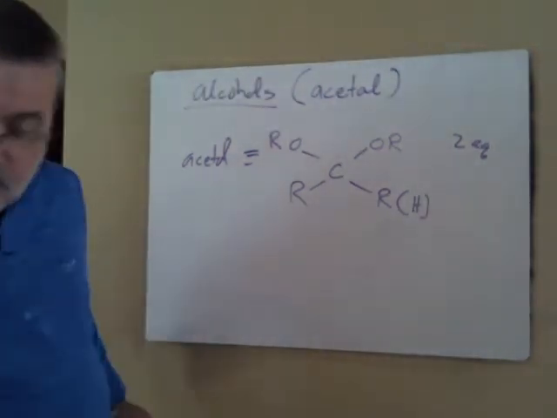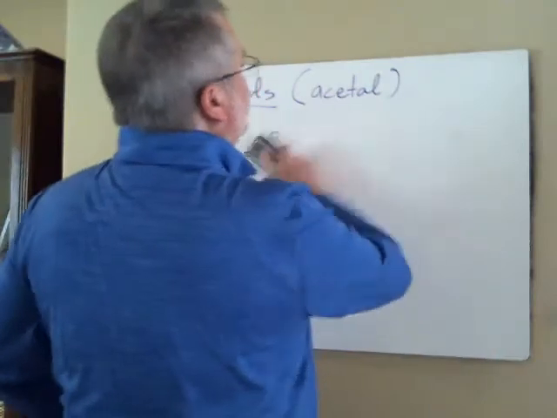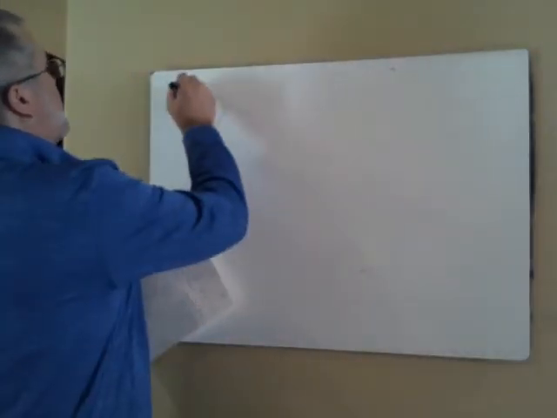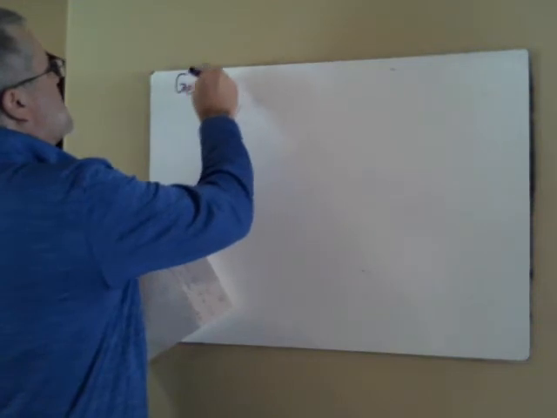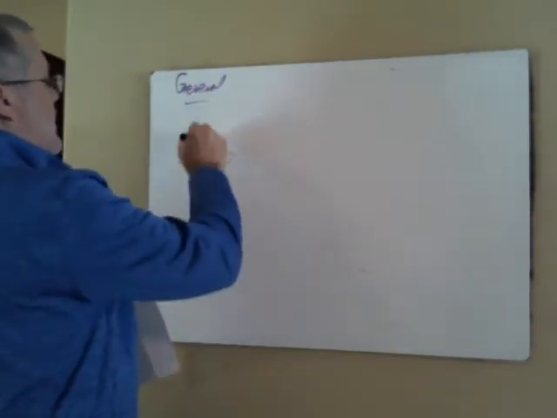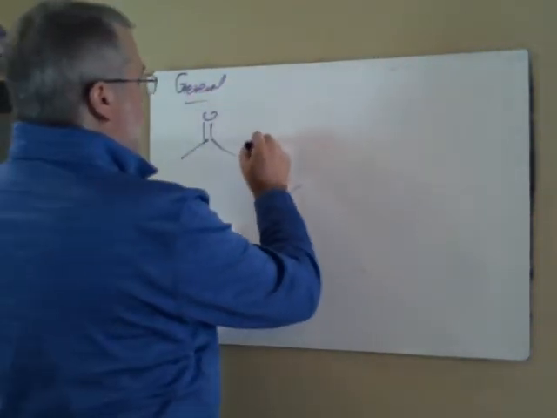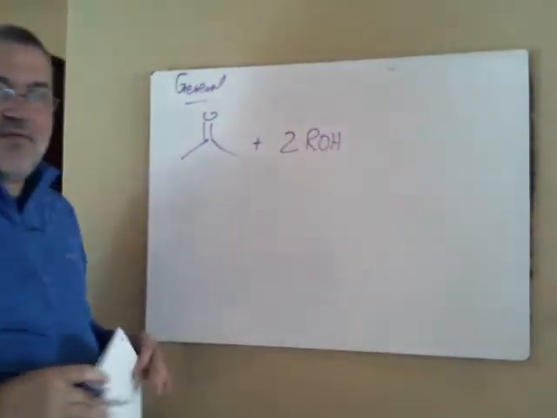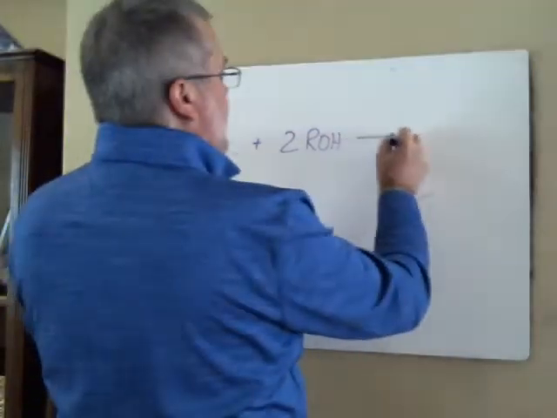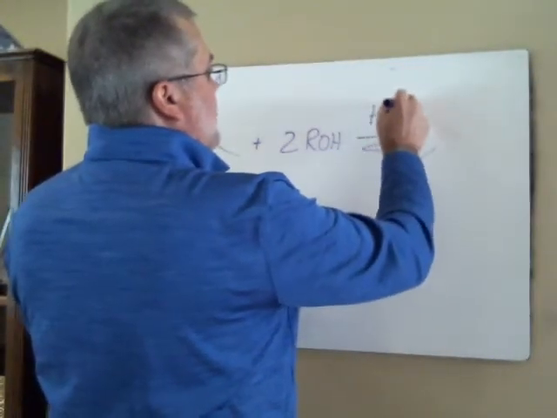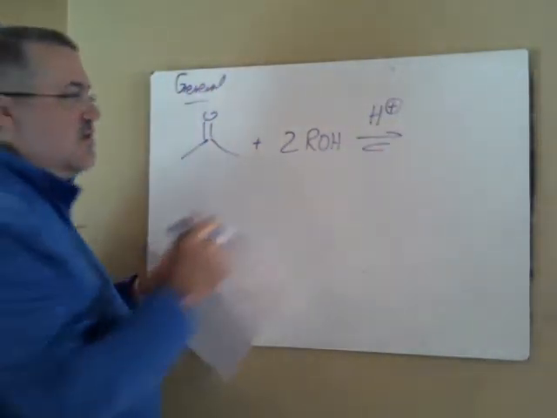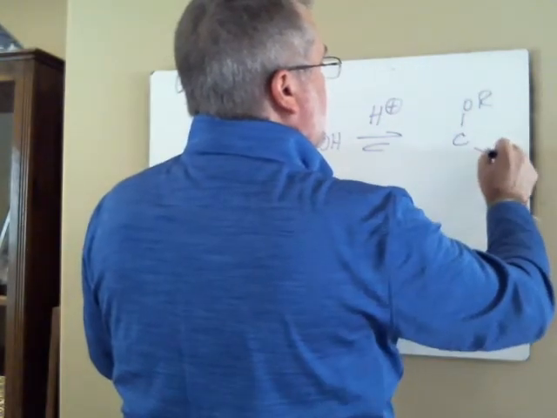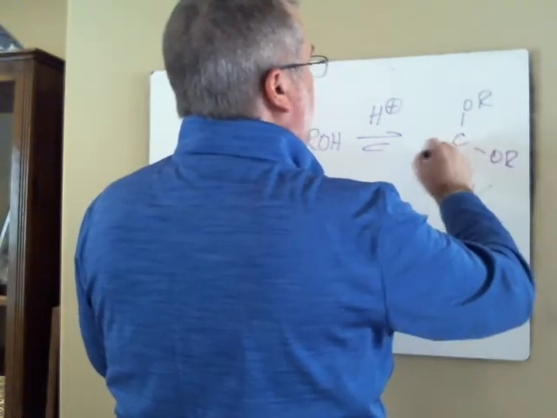In general, to make an acetal, what you do is you take your ketone and react it with two equivalents of the alcohol under acid conditions, and it will in fact then give the acetal.